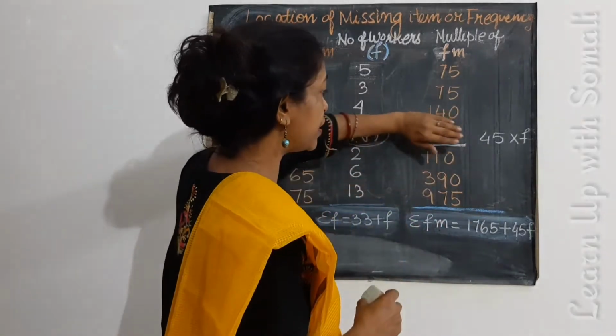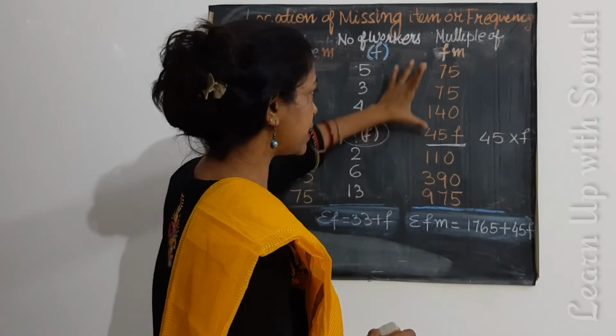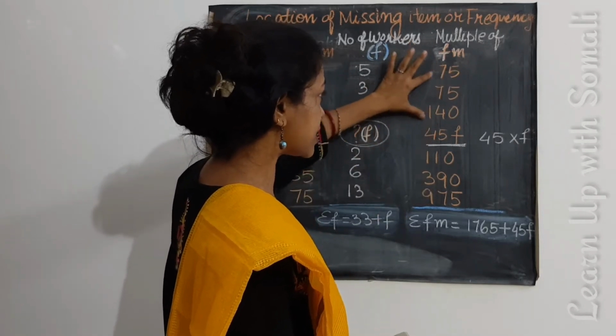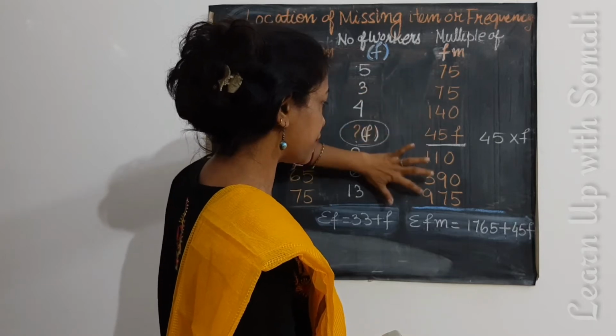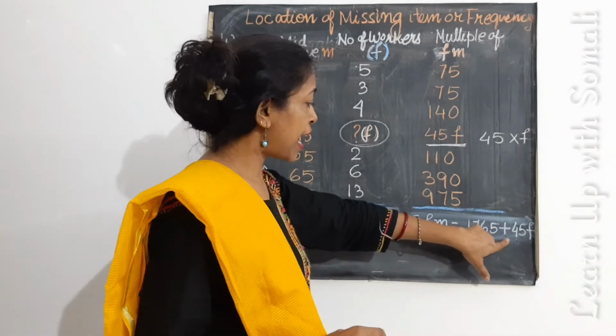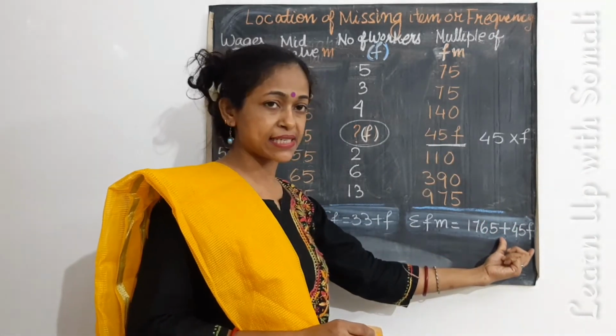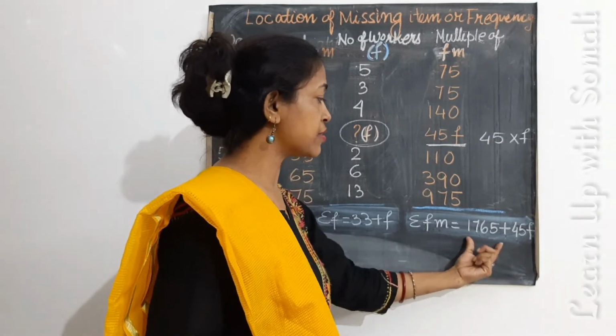So simply we will add up this with all the frequencies. We will add all the other 6 items, 1, 2, 3, 4, 5, 6, to get 1765, and this 45F we will keep as it is, adding with this number.